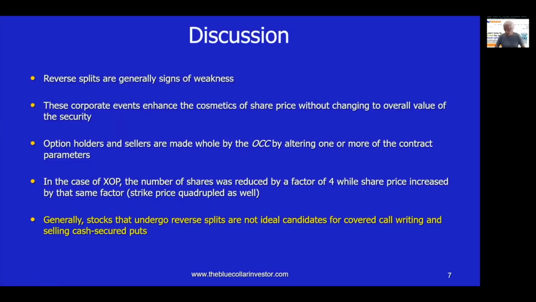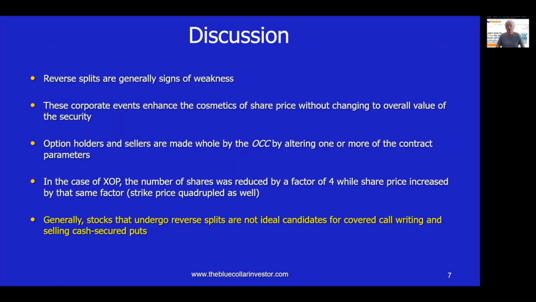So let's do an overview of a reverse stock split. They are generally signs of weakness. When a price declines precipitously, as did XOP, something's up in terms of the fundamentals of the company. Bad news has come out, or there was a very negative earnings report, or something in the overall market makes the industry that that particular security is in look quite weak.